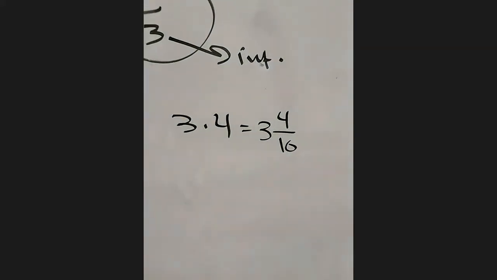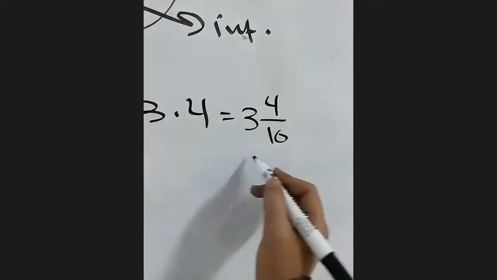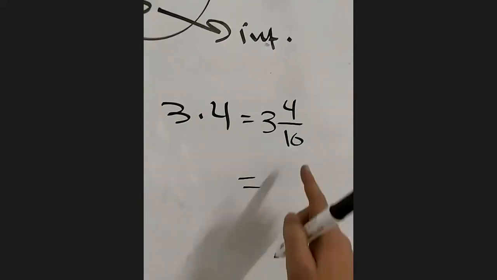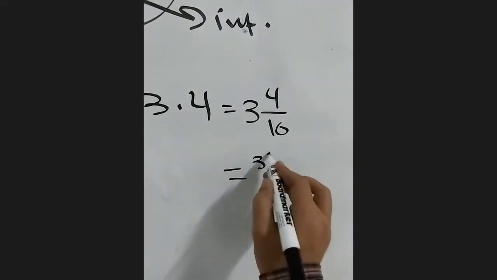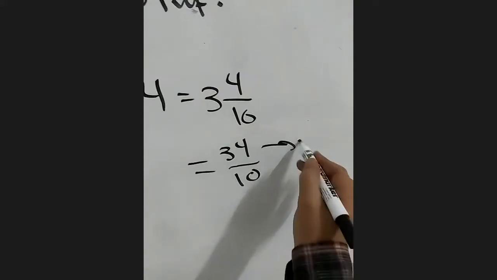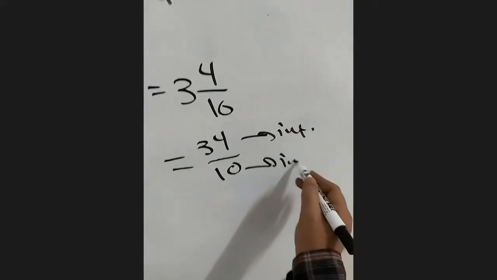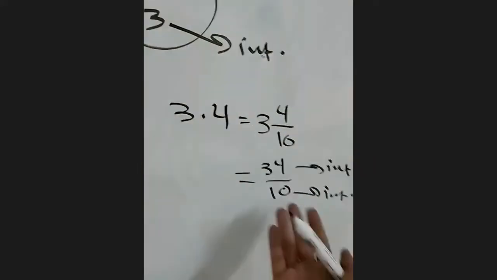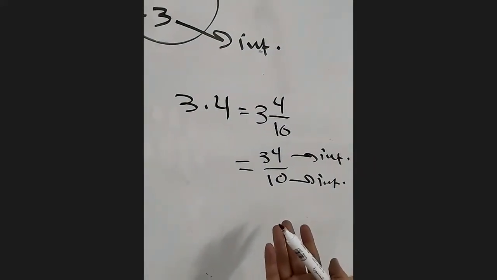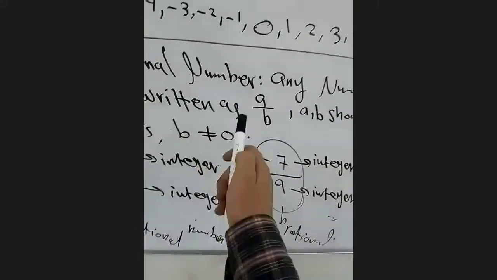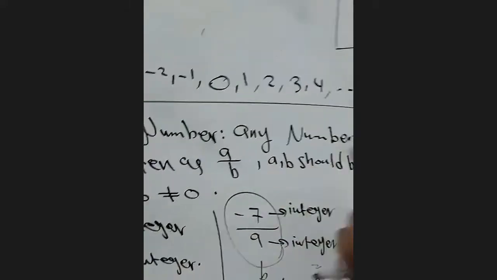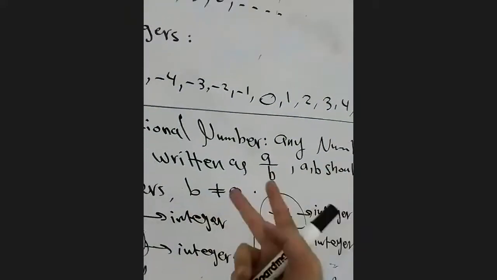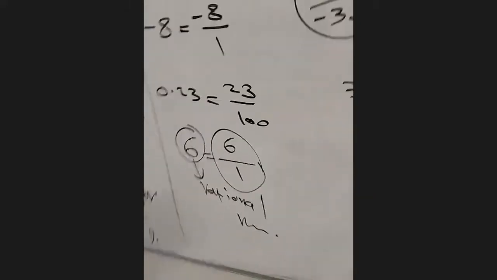Now, can we turn this into a fraction? Multiply 10 times 3, 30 plus 4, 34 over 10. Now, 34 is an integer, 10 is an integer, and 10 is not 0. Is it rational? Yes, because it can be written as A over B. So any number that can be written as A over B with these two conditions is rational. It's easy, guys. Take it easy.